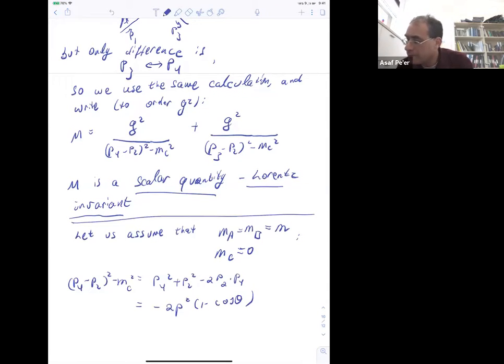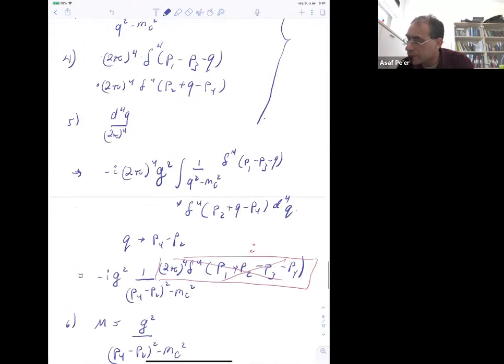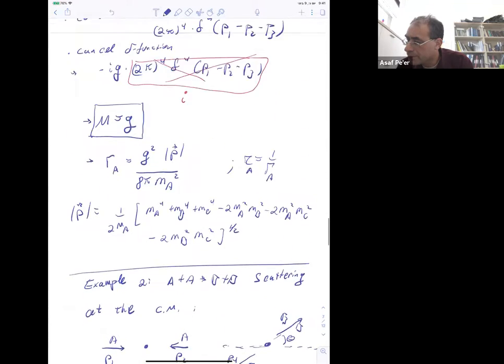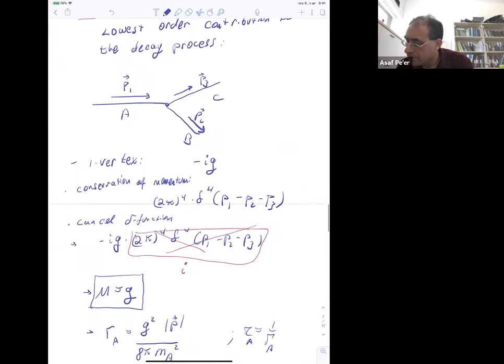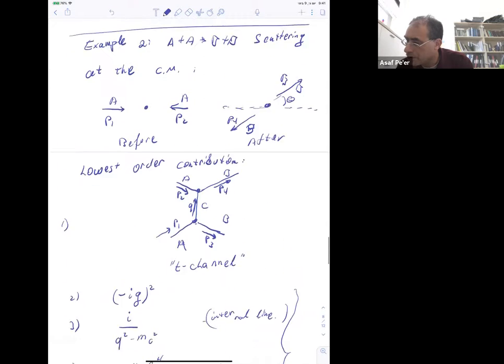I'll refer you back to the scattering process that we had.